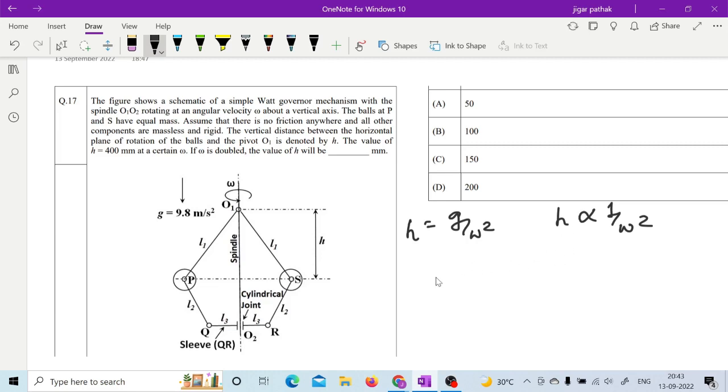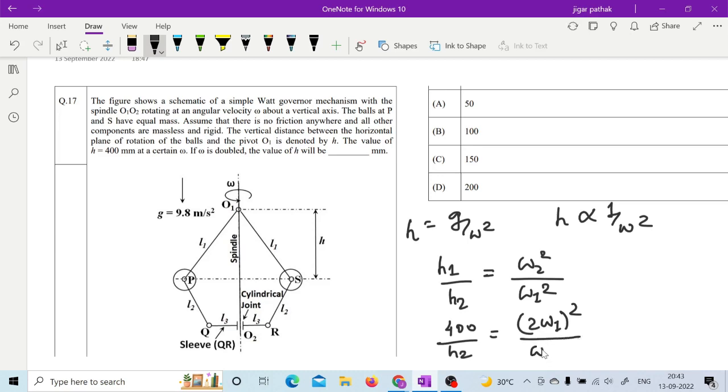If you are having h1 and h2, then h1 upon h2 is equal to omega 2 square upon omega 1 square, right? h1 is given as 400, h2 you have to calculate, omega 2 is given as 2 times omega 1, so (2 omega 1) square upon omega 1 square. If you simplify it, you will find h2 is equal to 100 mm, correct? So here you have 100 mm as the correct answer.